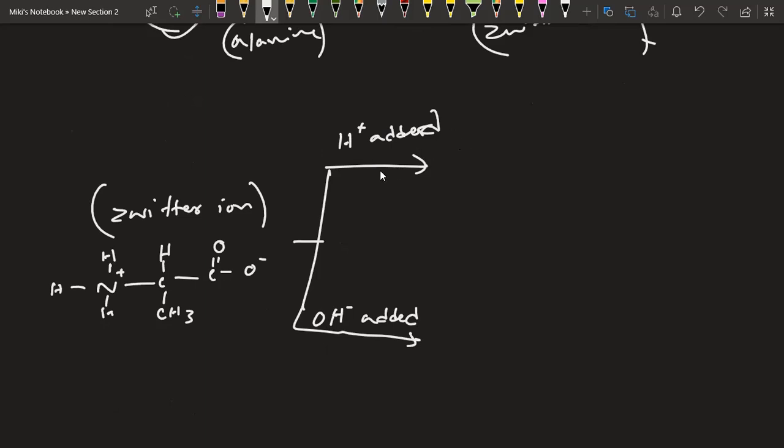That means it becomes more acidic, and more acidic means the pH value decreases. And adding OH minus means more alkaline. That means acidity will decrease and alkalinity will increase. Alkalinity increasing means the pH value increases. Now if we add H plus, what will happen?